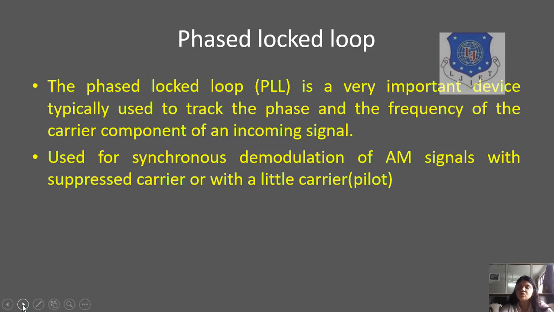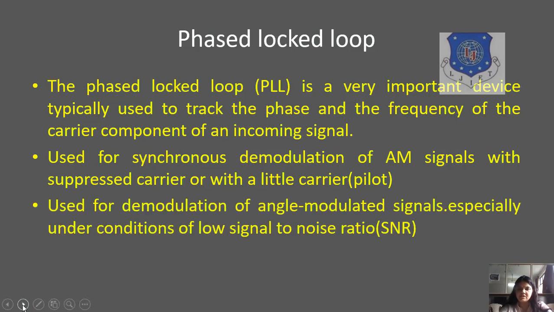It can also be used for the detection of angle modulated signals, especially under the condition of low signal to noise ratio. The angle modulated signals, that is frequency modulation and phase modulation, we will discuss in the next unit.